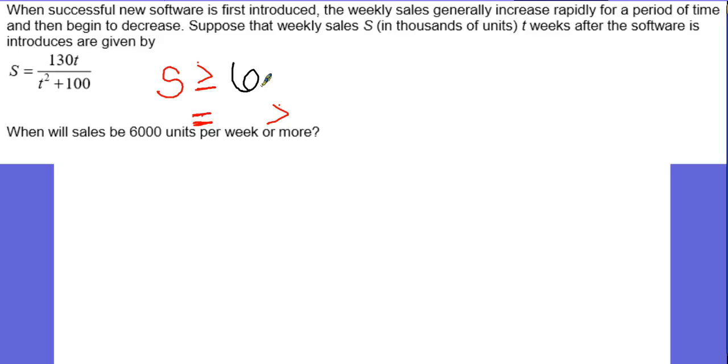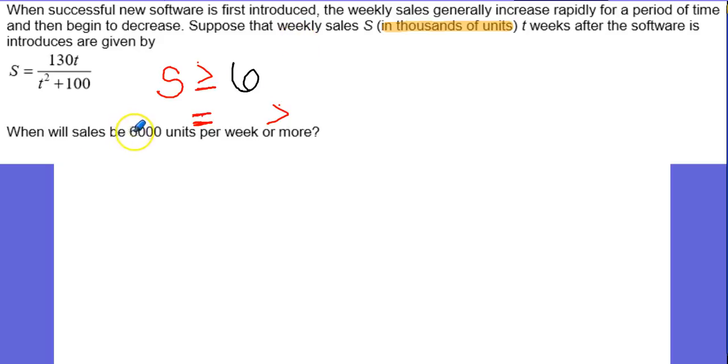Why? Because S is in thousands. So I would highlight this as important to pay attention to. There was a reason that was put into the instructions.